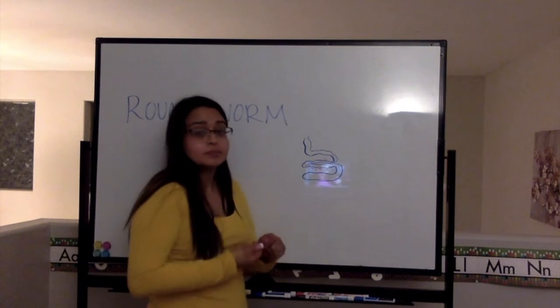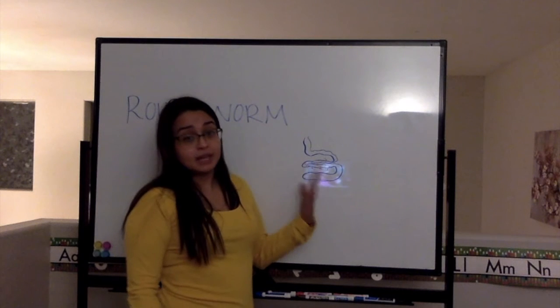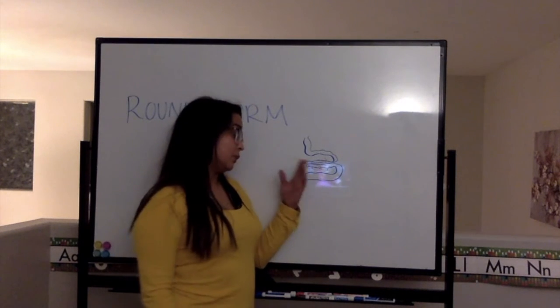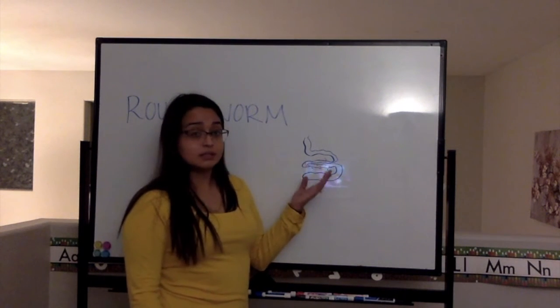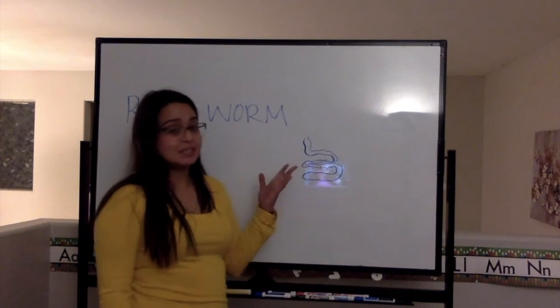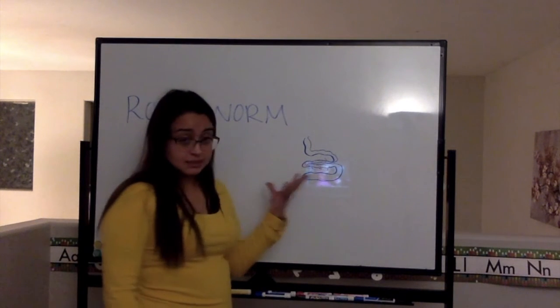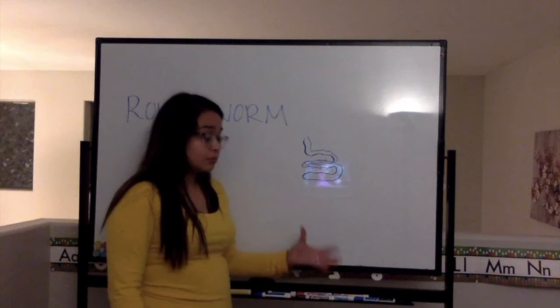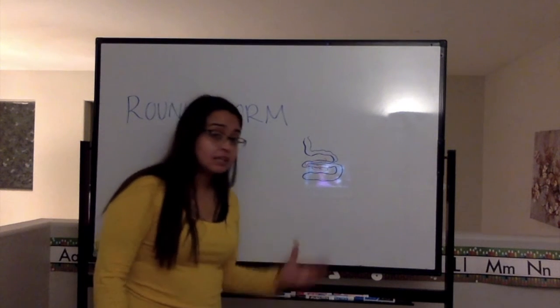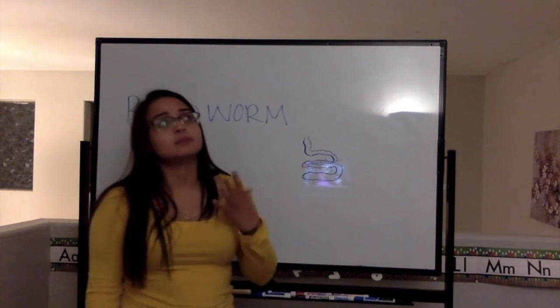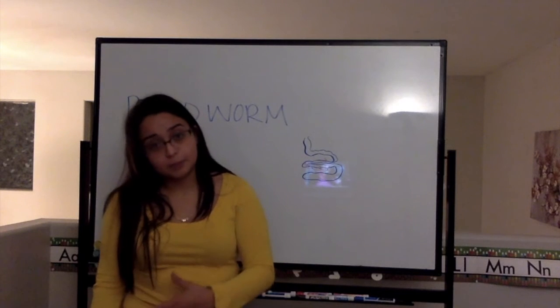Now, let's say that, again, we have both female and male worms in the intestines. So females obviously produce eggs and males obviously produce sperm.